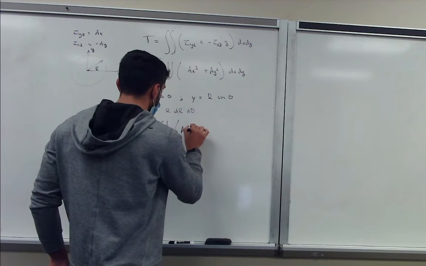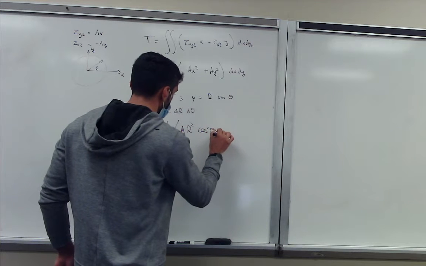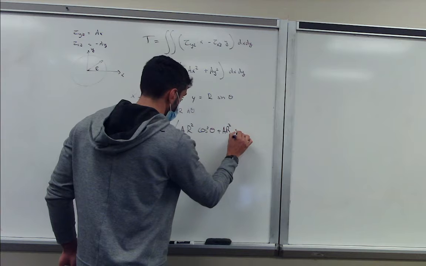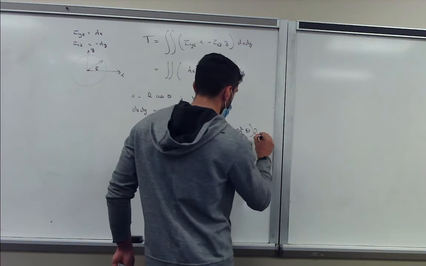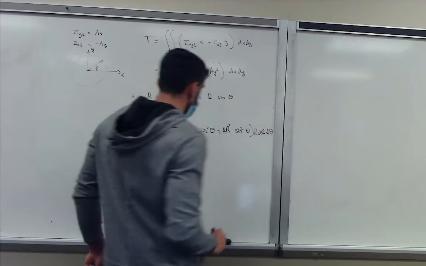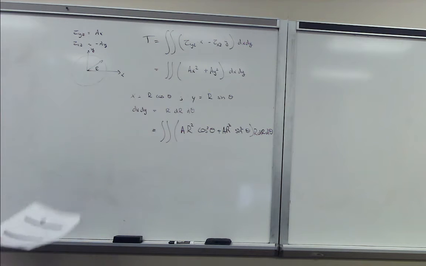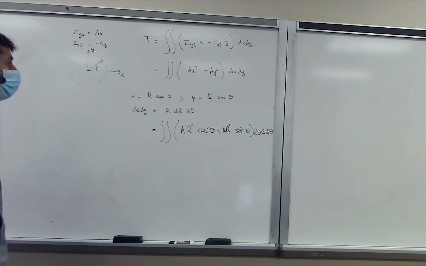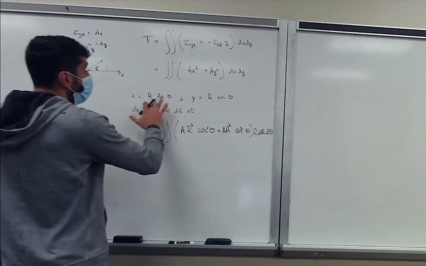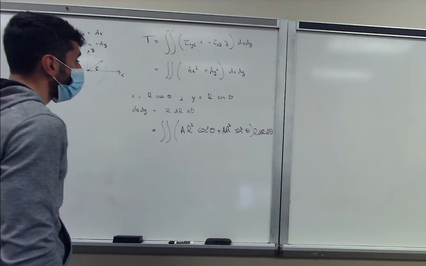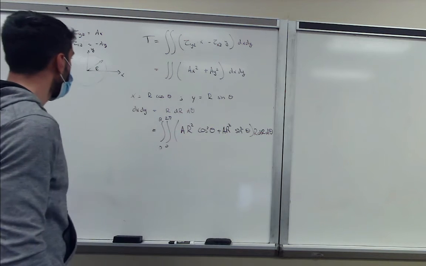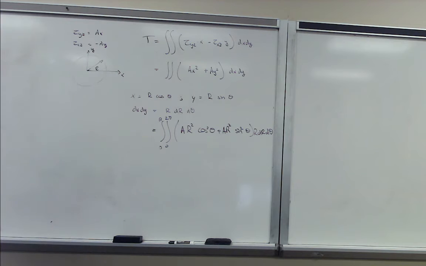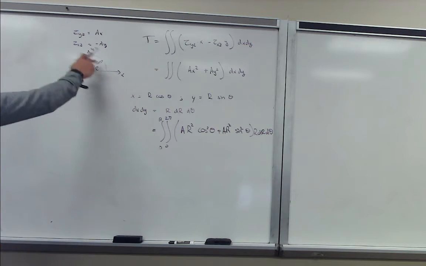Then we get r squared cosine squared theta plus sine squared theta, dr d theta. And of course, since we went from an xy coordinate system to a coordinate system that depends on r and theta, we have to change the integration bounds. So basically it goes from 0 to r and 0 to 2 pi. 2 pi is the whole circle, or the 360 degrees.